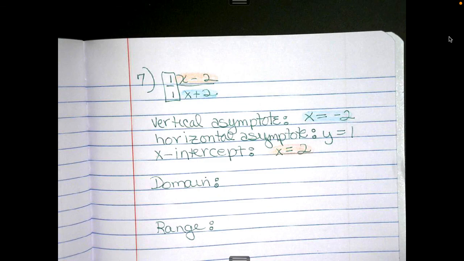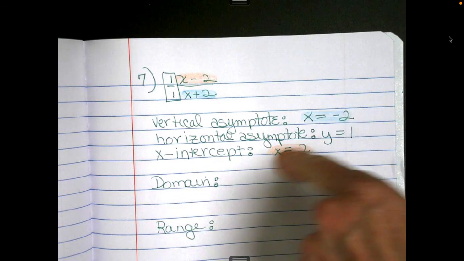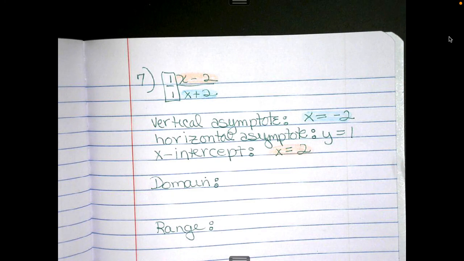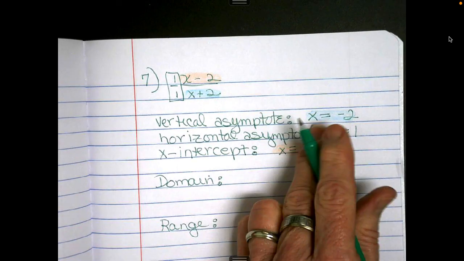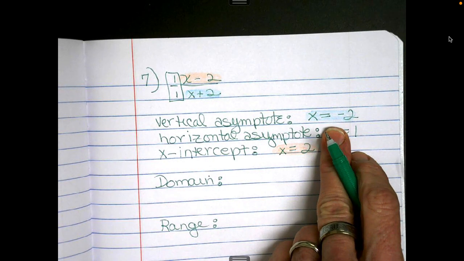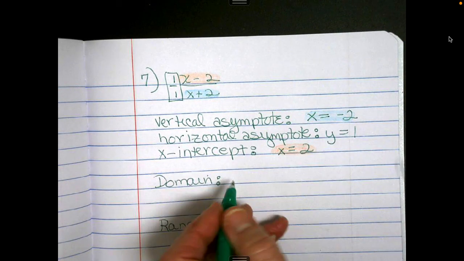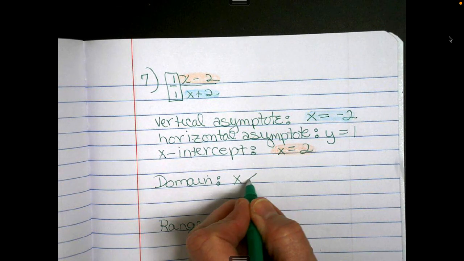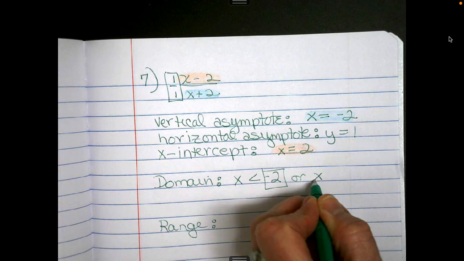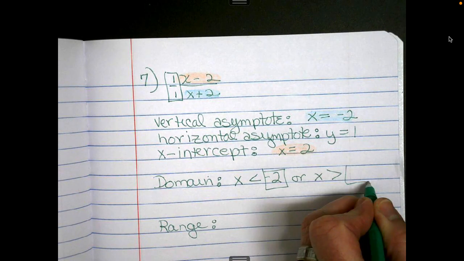And so when you look for the graph, you look for these details. Or, again, put it into Desmos. So the domain is everything but the vertical asymptote. So x is less than -2, or x is greater than -2.